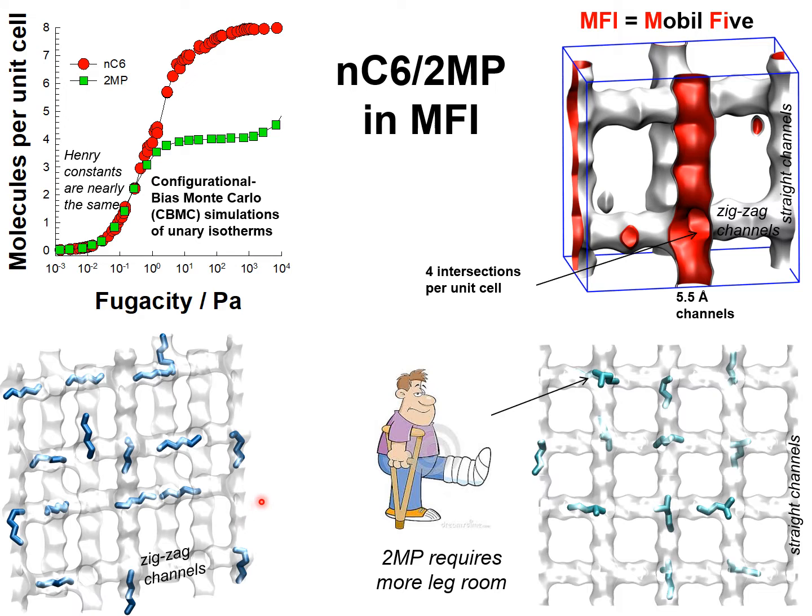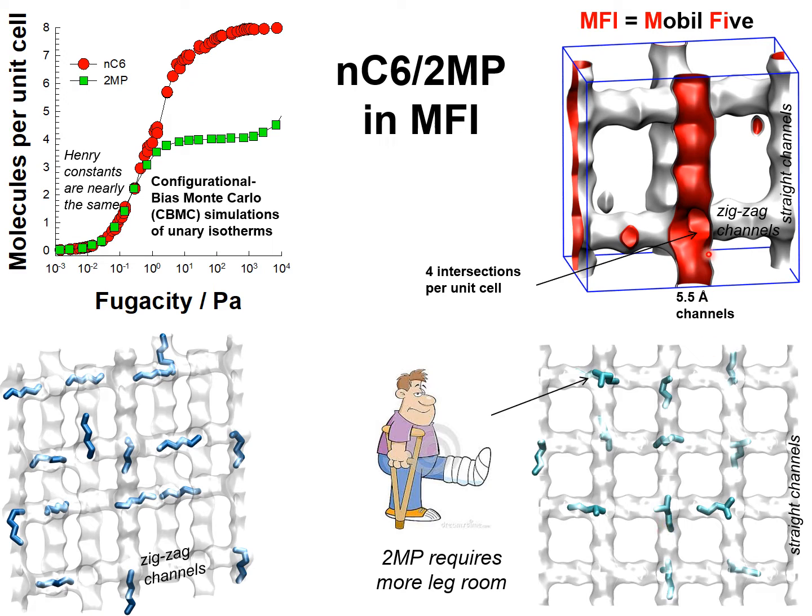And the reasons are shown by the computational snapshots here, where normal hexane, the linear isomer, can locate anywhere along the straight channels or along the zigzag channels.